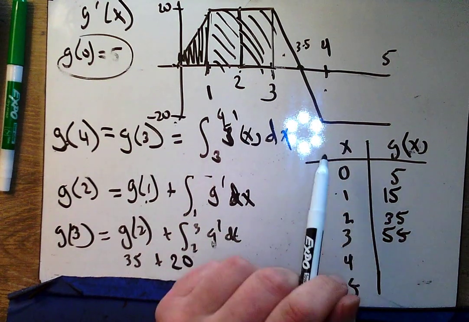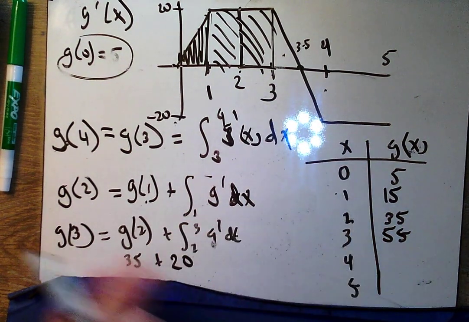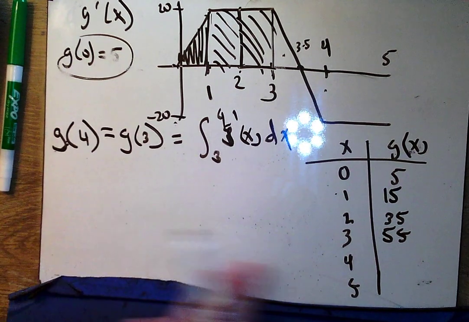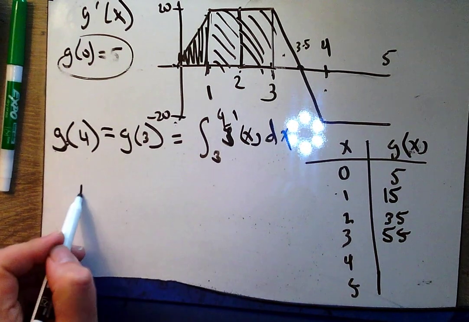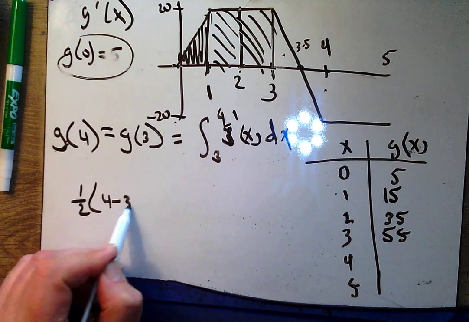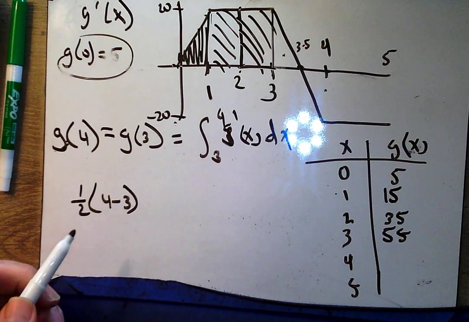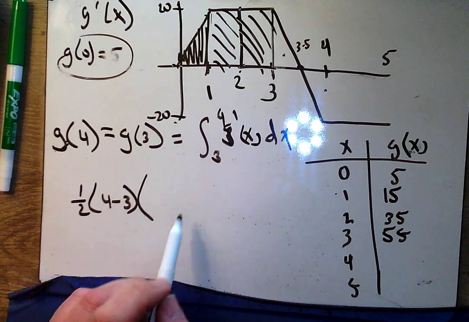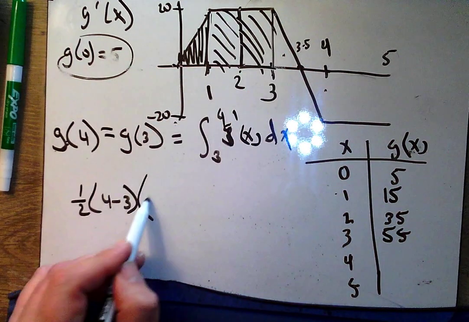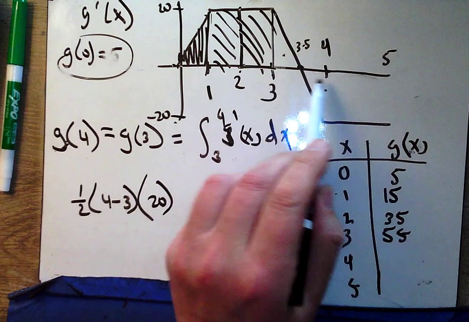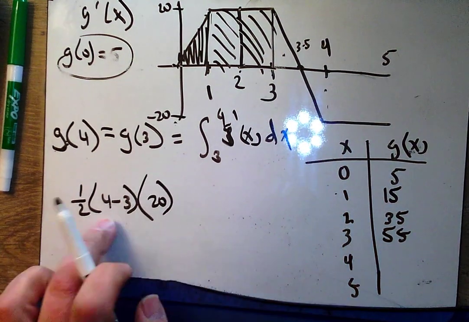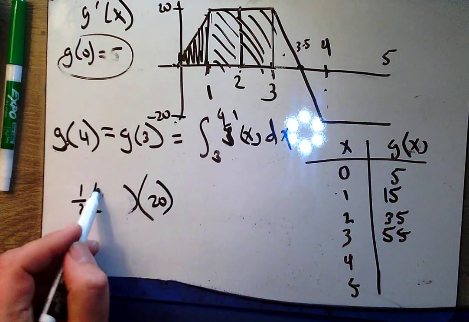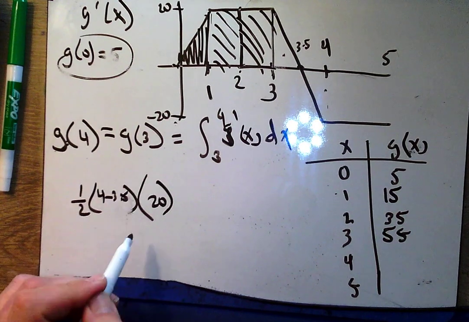And you might want to figure this out as two separate triangles. If we do this as two separate triangles, we've got 1/2 times 4 minus 3 times, what's the height? Height here is 20. And then I have this triangle. Oh, it's not that. It's 4 minus 3.5.